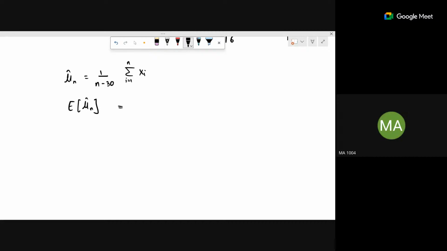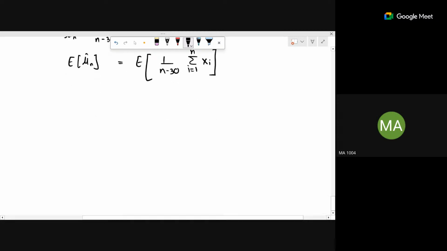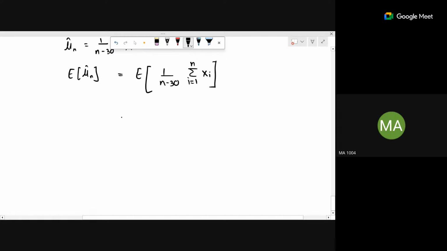So let's just check the expectation of 1 upon n minus 30, summation i equal to 1 to n of xi. Again, 1 upon n minus 30 is a constant, so take it outside. And inside there is a summation, so I can write it as x1 plus x2 plus and so on.